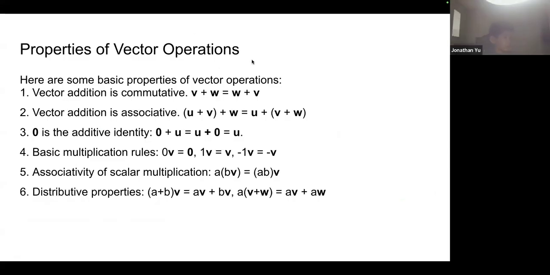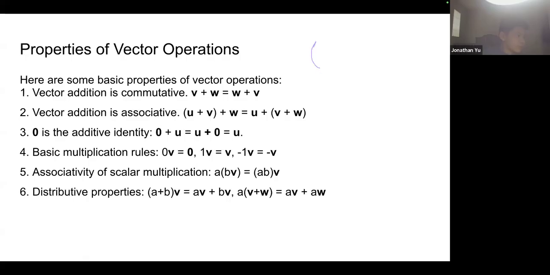So here we have some basic properties of vector operations. Most of these are pretty easy to prove. First, vector addition is commutative. When you take the sum of two vectors, it doesn't matter what order you do it in. This basically comes from regular addition being commutative.